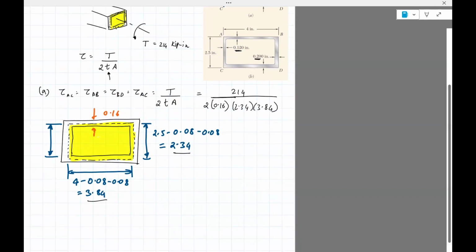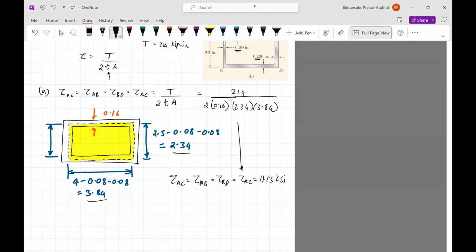Okay, when we do the math, we get the shear stress tau AC equals tau AB equals tau BD equals tau DC equals 11.13 ksi.